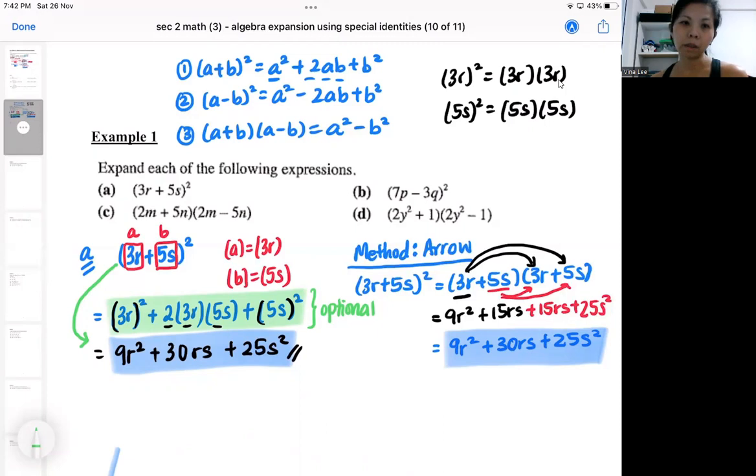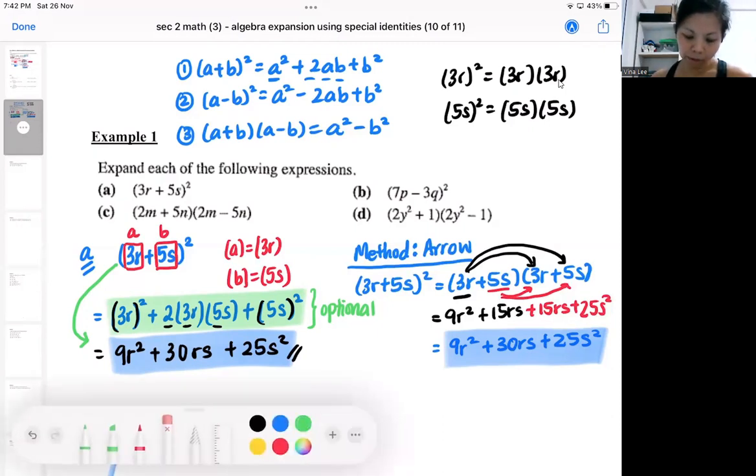Okay, so I'm going to erase this part. I'm going to use part B to show you formula number 2. Again, I'm going to show you formula number 2 with two methods. So make sure you copy down first before I erase off everything.